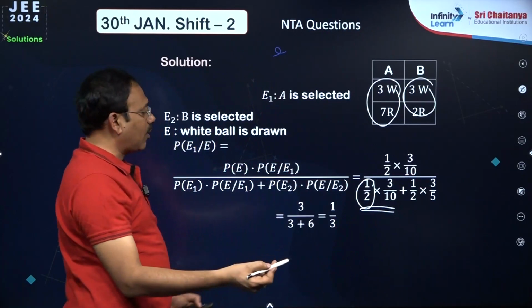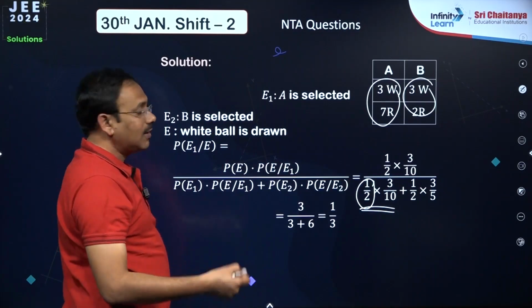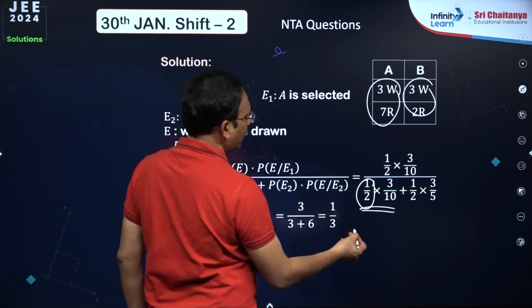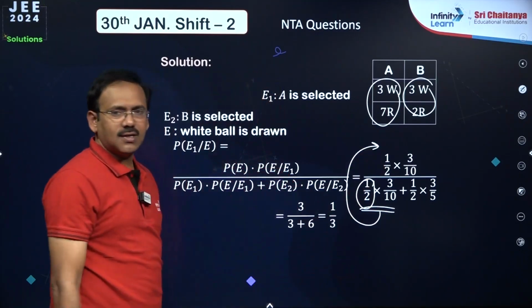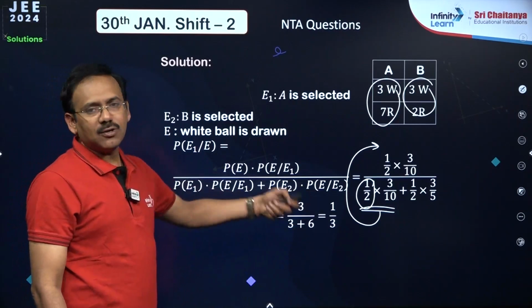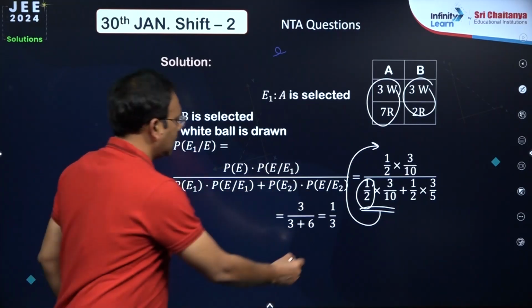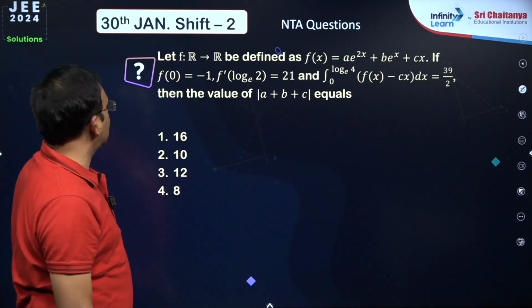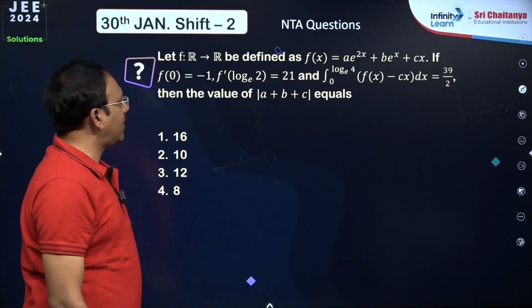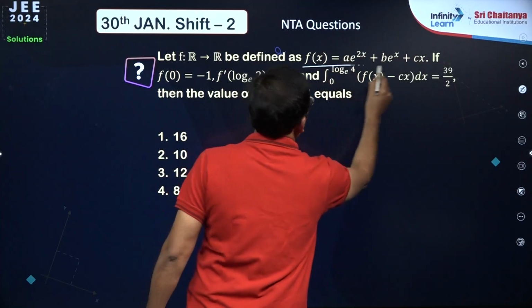This is the total probability of selecting a white ball. In this, I want the ball to be from the first bag. So this you write, this is Bayes theorem. Total probability, and in the numerator the particular case, you will get the answer to be 1 by 3, dear students.